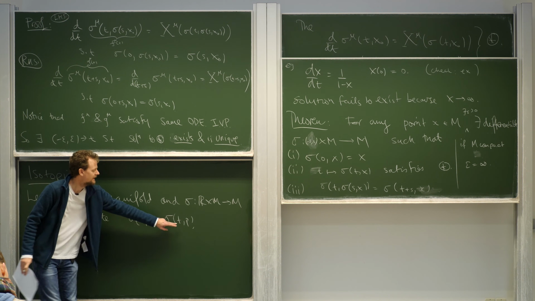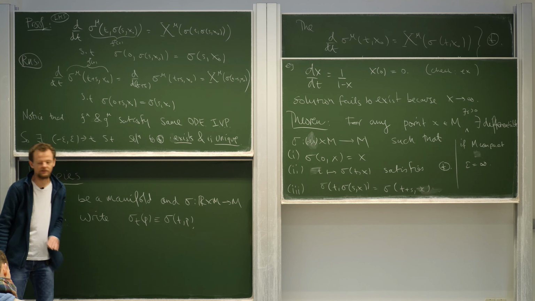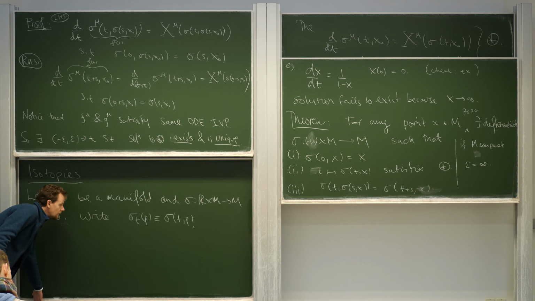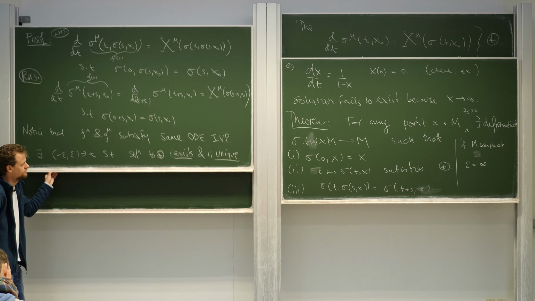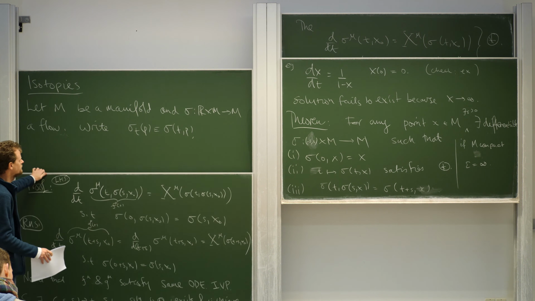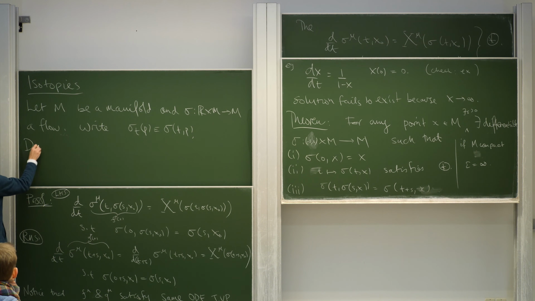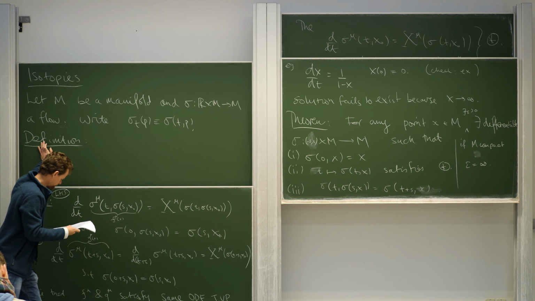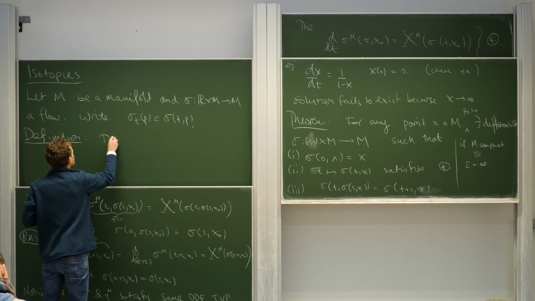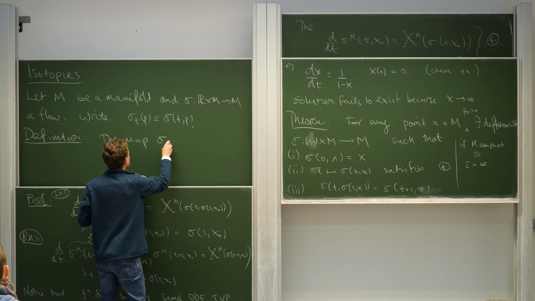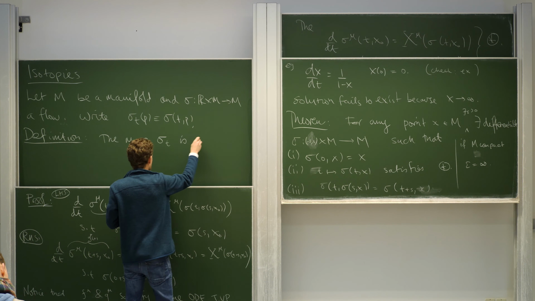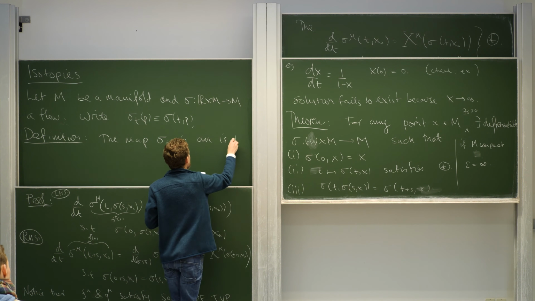We often do this, that the time argument here is somehow more convenient to put as a subscript. So suppose our flow is a nice one, not a bad one, but a good one. Let's say exactly what good means. Then we're going to give it a name. It's called an isotopy.